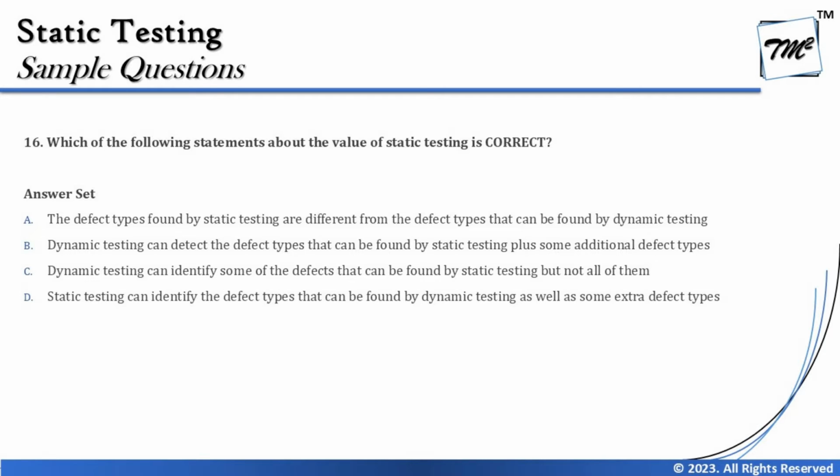Option A says the defect types found by static testing are different from the defect types found by dynamic testing. Looks pretty much correct, because that's what we have been learning in the entire discussion. Static testing can find defect types such as unreachable code, design patterns, things which are not yet implemented, or defects related to design and traceability.